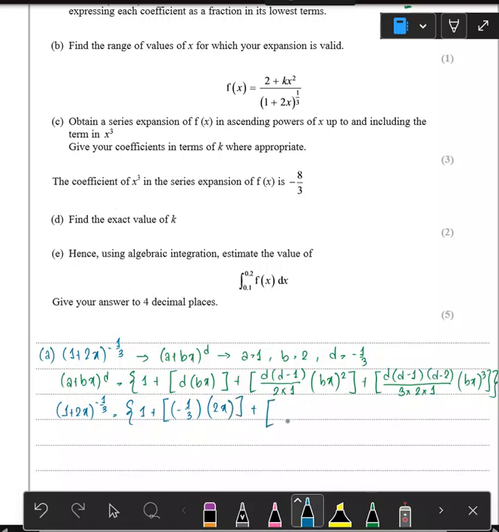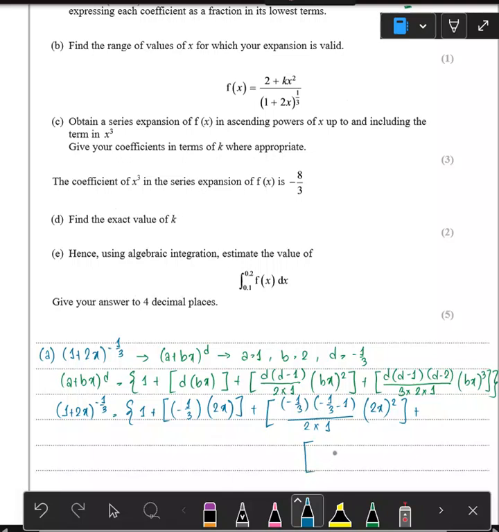Plus d, which is negative 1 by 3, multiplied by negative 1 by 3 minus 1, divided by 2 factorial, which is 2 multiplied by 1, multiplied by bx squared. So b here is 2, so that will be 2x whole squared, sorry.